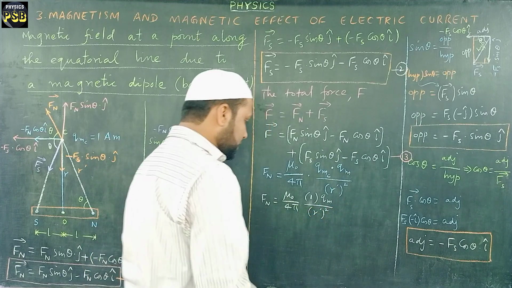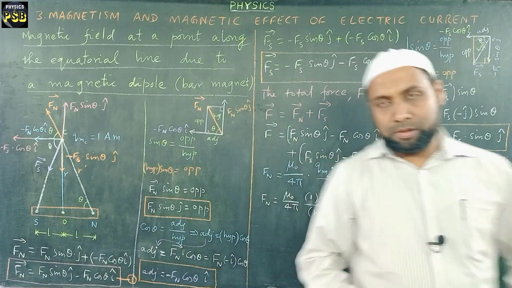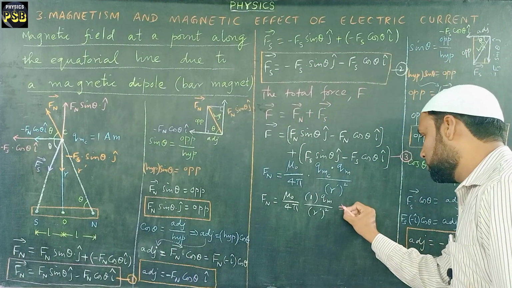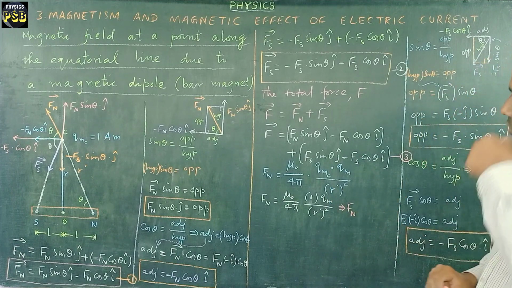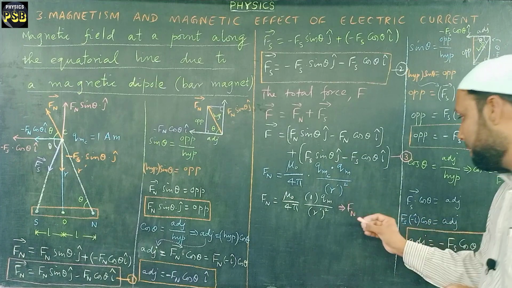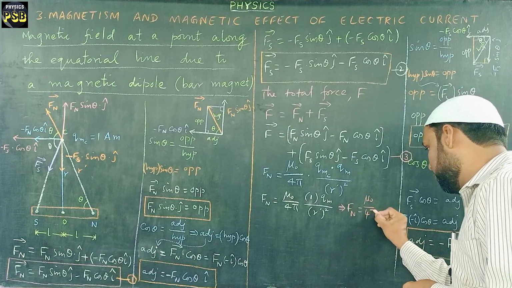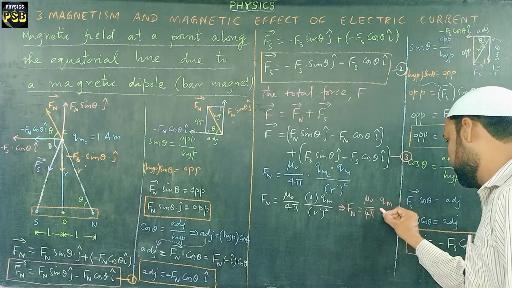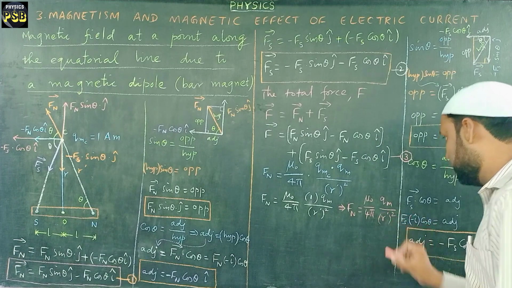This can be written as Fn equals mu naught divided by 4 pi times Qm upon r dash whole square.